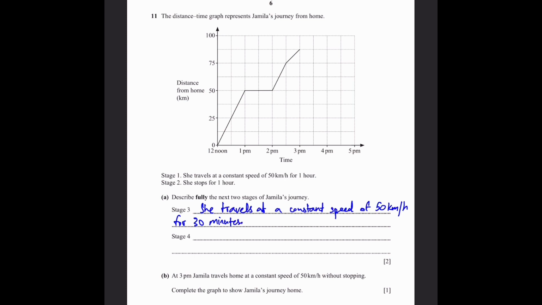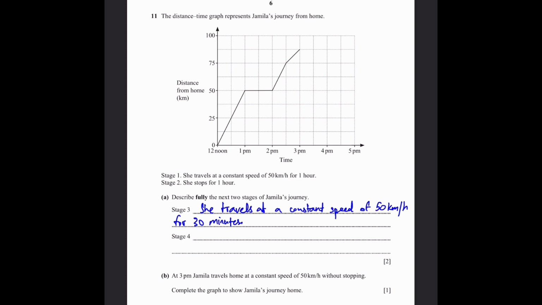And now for stage 4, we see this one. She travels this much, which is 12.5 kilometers in half an hour, 30 minutes. So you multiply this by 2 on both sides. We get 25 kilometers per hour.